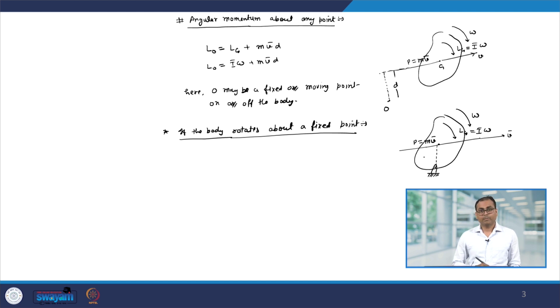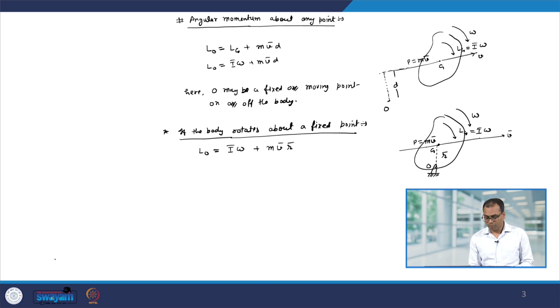Let us say the perpendicular distance is r of the mass center G, and let us say this point is O. Therefore, the angular momentum L_O will be I bar omega, which is the angular momentum about the mass center G, plus the moment of momentum, so we have m v bar multiplied by the distance r.